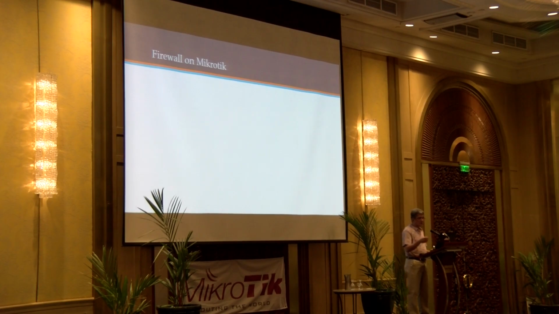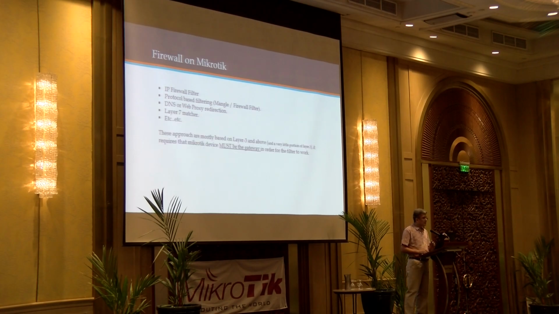So with Mikrotik, there are so many ways to filter packets, and most of them are based on layer 3 and above. So if you want to filter layer 2, you have to do that with the bridge. Now, the common approach is the IP firewall filter, protocol-based filter, mangle, or the firewall filter, DNS or proxy redirection, layer 7 matcher, etc. These approaches are mostly based on layer 3.